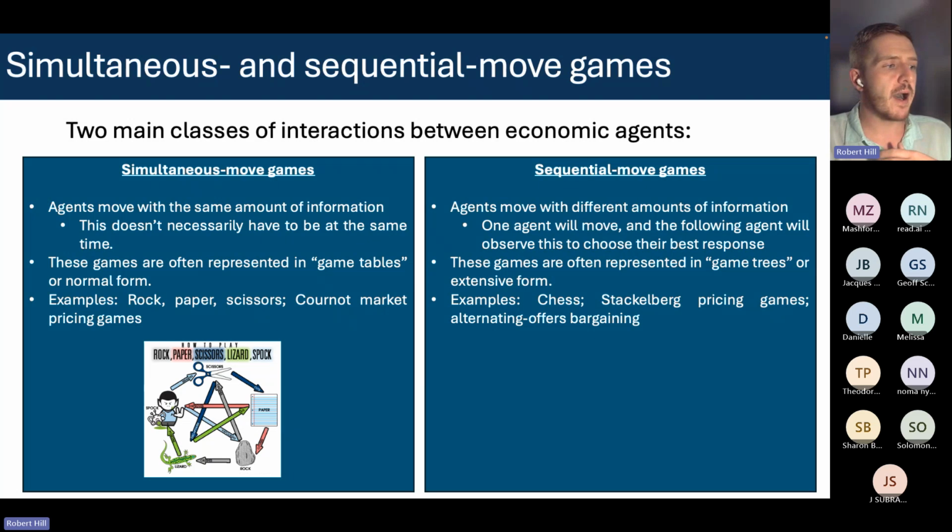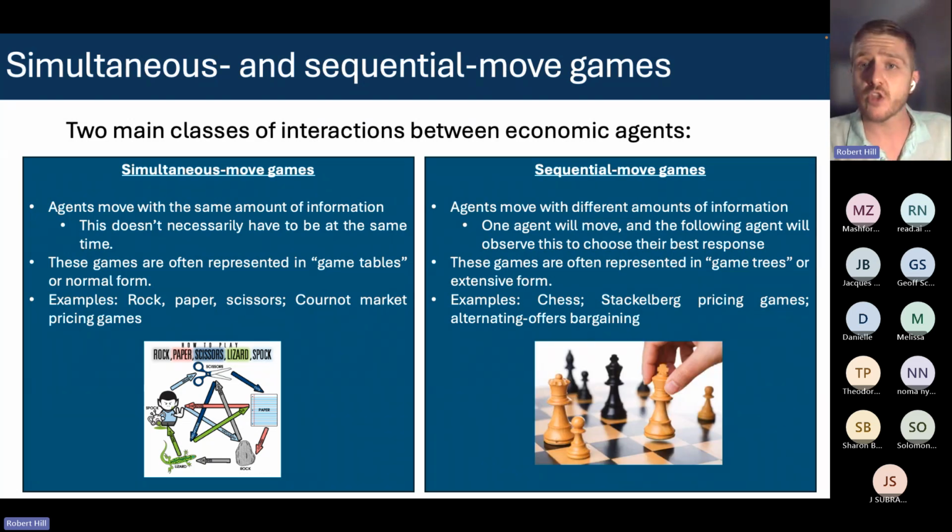You might have heard about games of chess, right? Chess is a sequential move game. The player with the white pieces moves their pawn forward, and then you see how they've moved, and you make a choice about how to respond to that. The player playing with white will then make a choice to respond to how you've moved your pieces, etc. So it's constantly updating the amount of information you have in order to change the moves or the actions that you take.